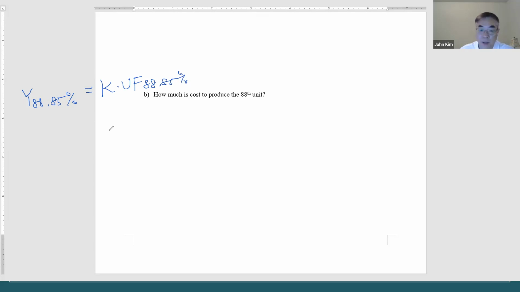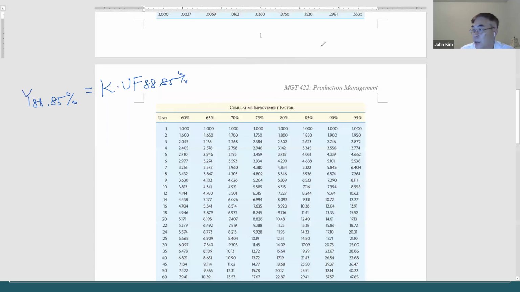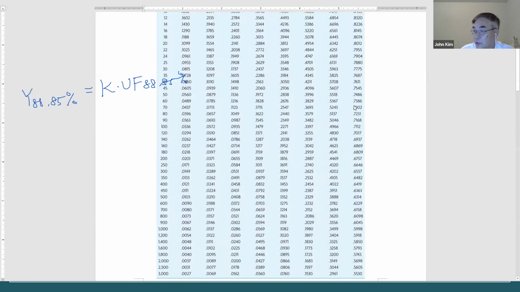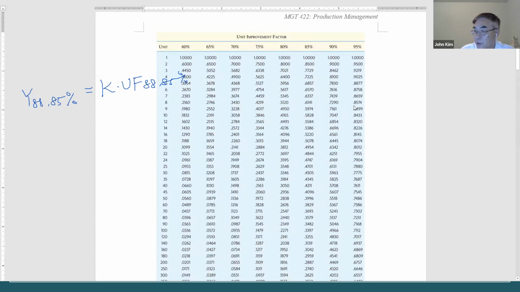So try to find unit factor 88 from the first chart. Try to find an 88, but we cannot find it.